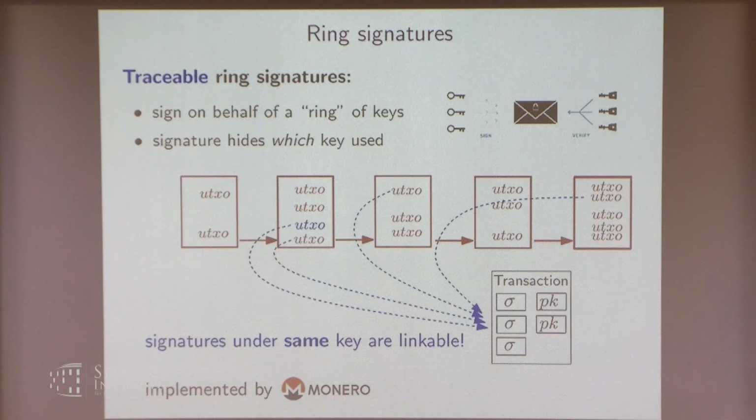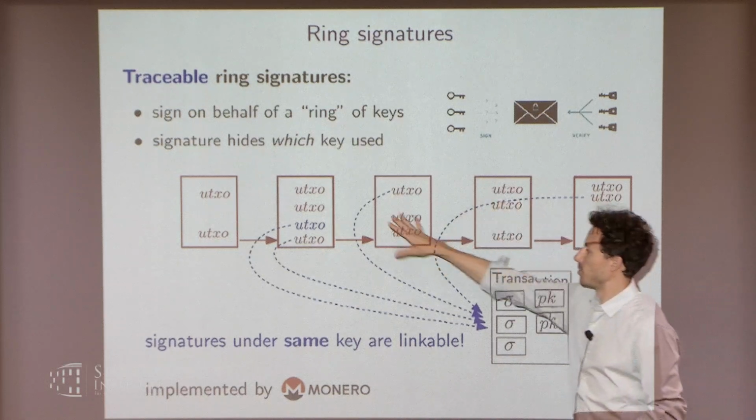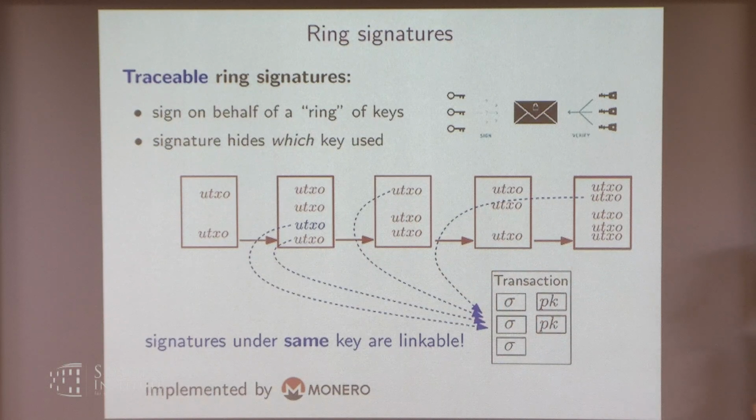It turns out that it's quite important how you pick these other outputs among which you want to hide. Is there analysis of this by scientists? The primitive? Of what Monero does?